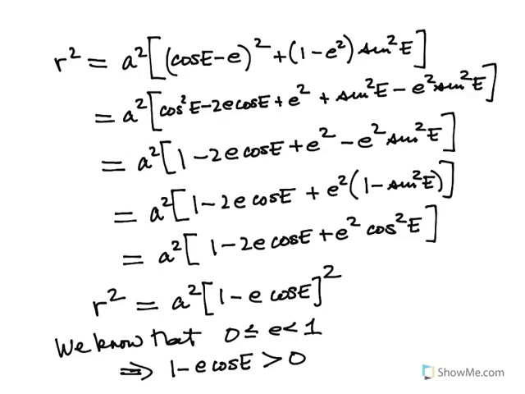Furthermore, we know that the radius has to be positive. So as a result of all that, this quantity will always be positive when I take its square root if I just retain the positive square root. So as a result, we wind up with r is equal to a times 1 minus e cosine of E.